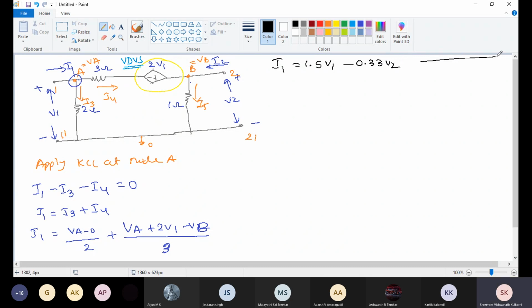Call this equation 1. In terms of VA and VB, I1 is 0.5 VA minus 0.33 VB. Then apply KCL at node B.